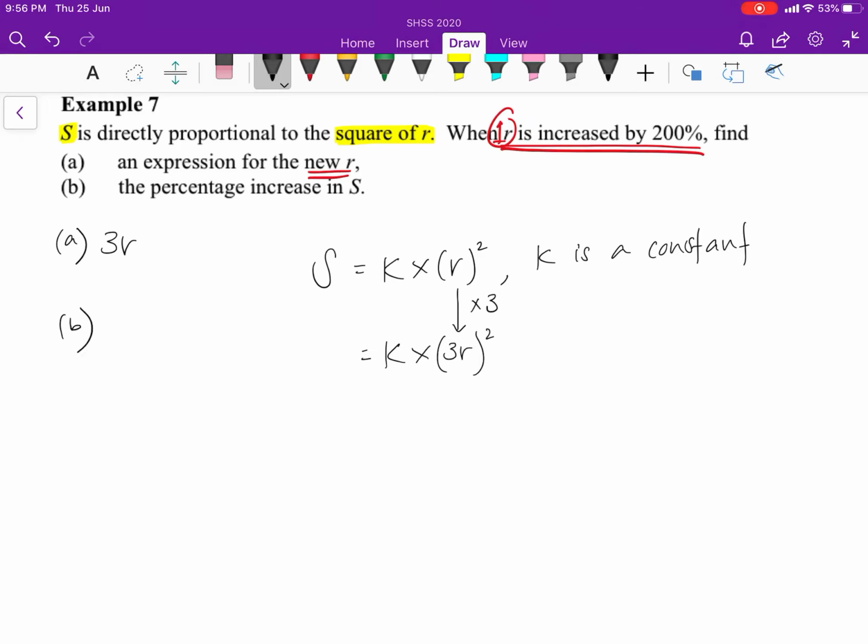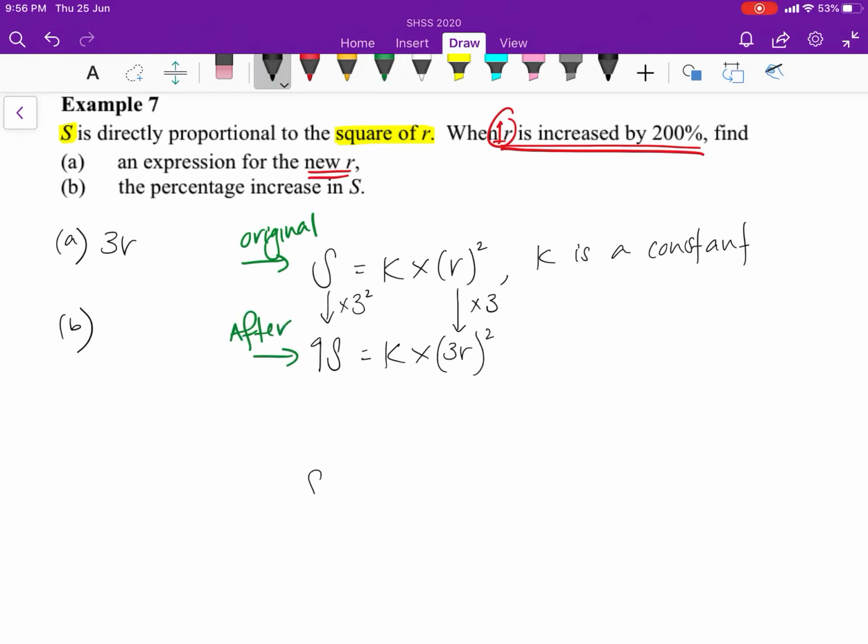Percentage increase in S. So R becomes 3R, it is multiplied by 3. So S is multiplied by 3 squared. 3 squared is 9. S times 9 is 9S. This is the original, and this is the after.